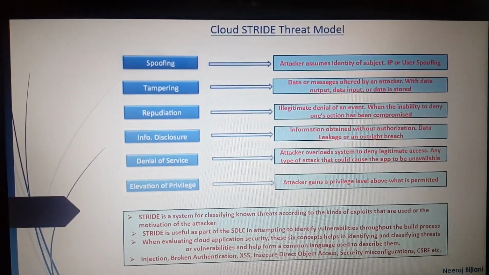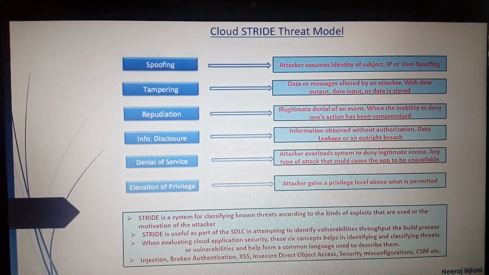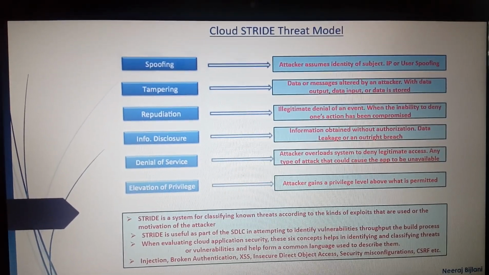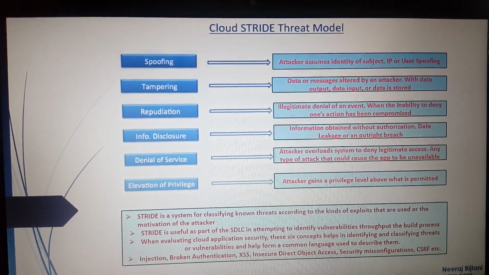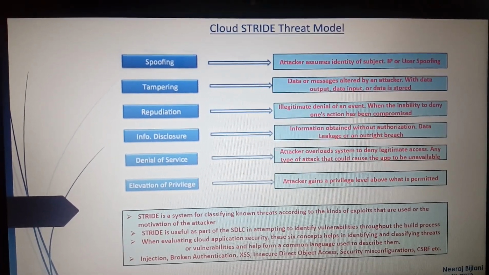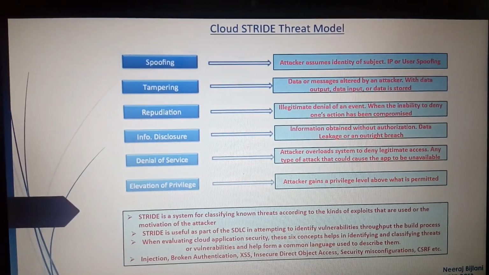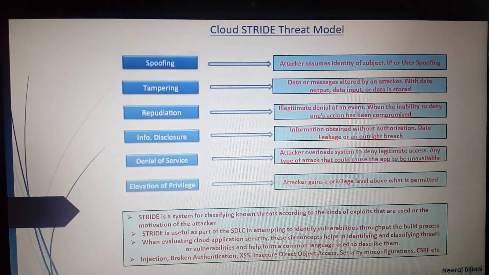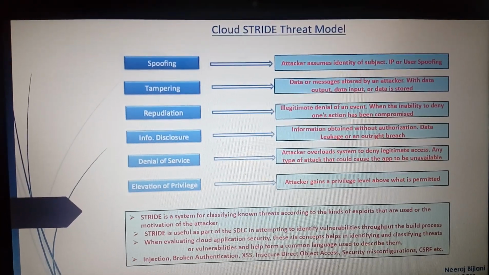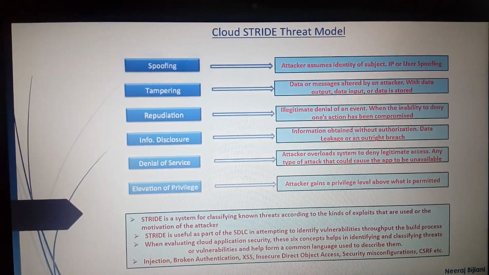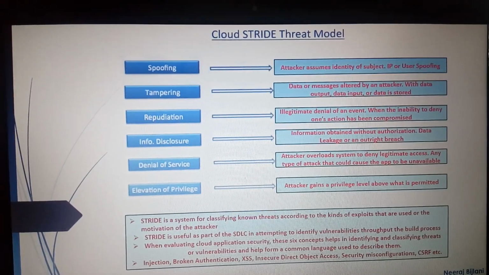If an unauthorized user wants to access that data, then it's an attack, right? Only authorized users can access the valid data of the applications. So the developer must ensure that there is no exploit that involves information disclosure, right?